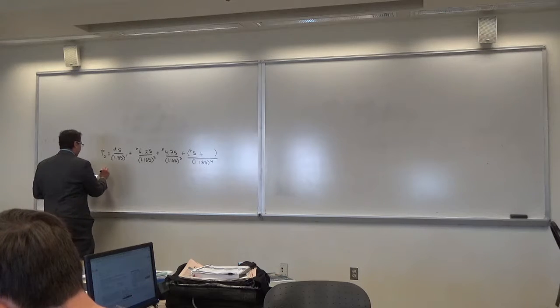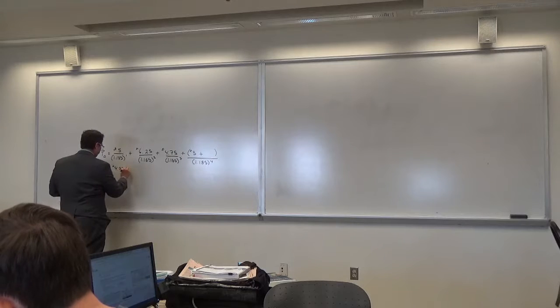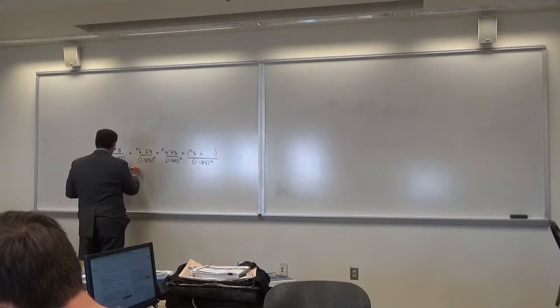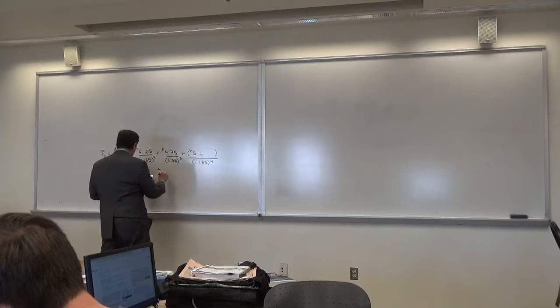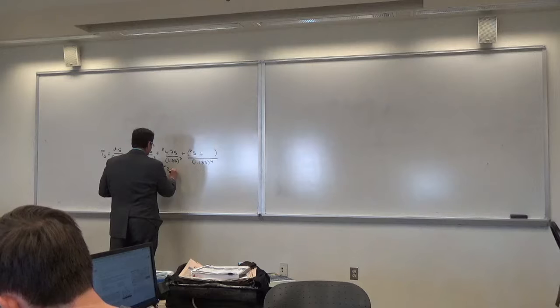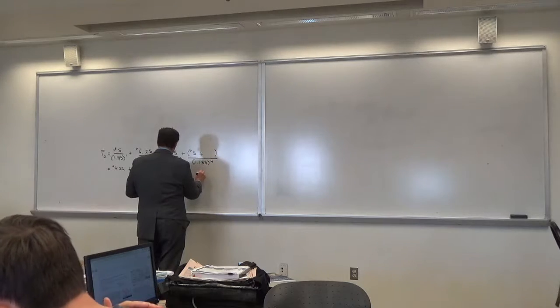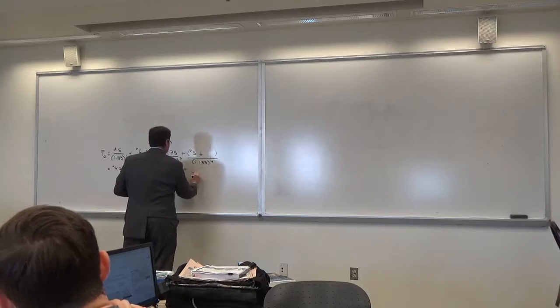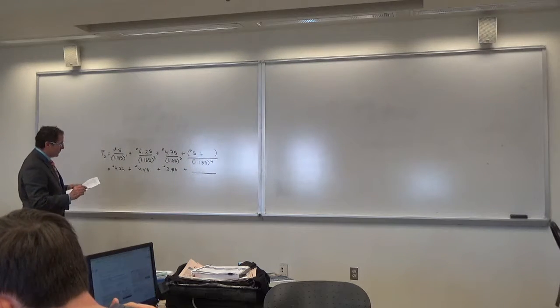So this decomposes to 4.22. This one decomposes to 4.45. This one decomposes to 2.86. And this one, we're missing one. Okay, so how do we calculate the terminal value?